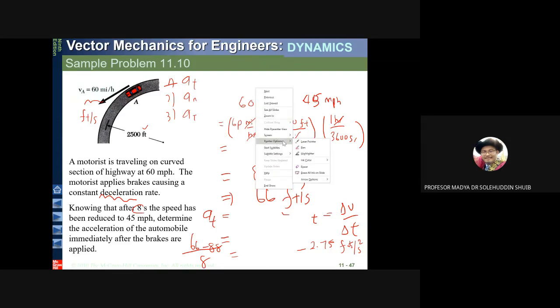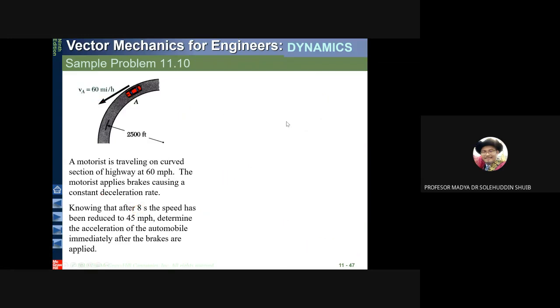We proceed to part B now. For part B, we talk about the normal component of acceleration.